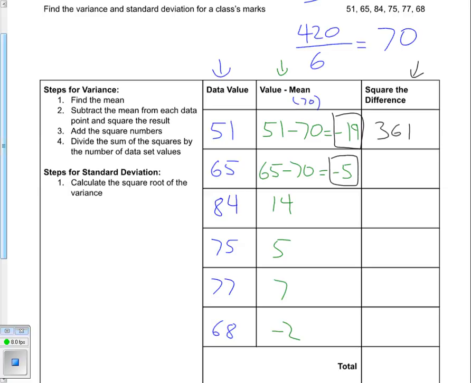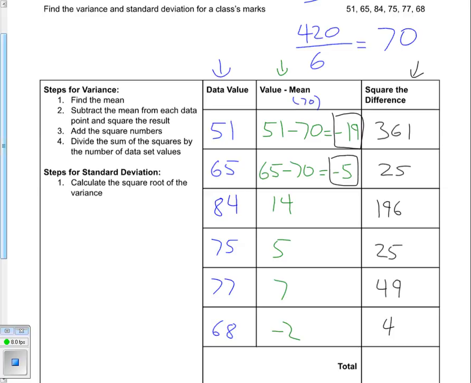Negative 5 squared is positive 25. 14 squared gives me 196. 5 squared is 25. 7 squared is 49. And negative 2 squared is 4. You'll notice the squared differences are always positive, because anytime you square a number, whether positive or negative, it ends up being positive.